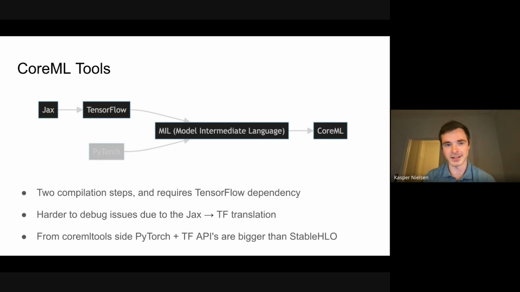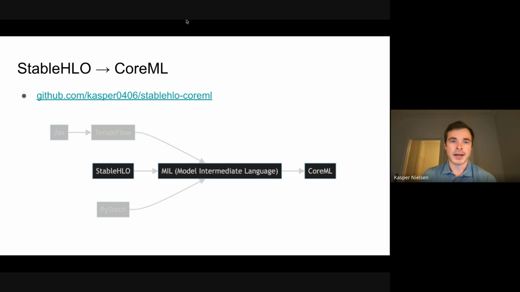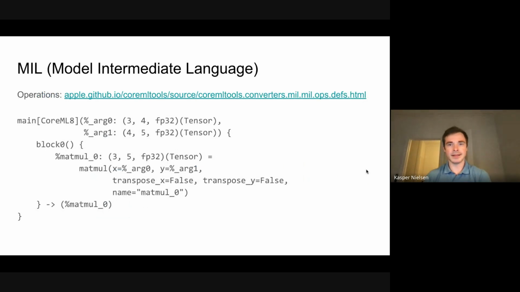So if you go to the next slide again, what I tried in this project was to make a front end to this CoreML tools repository framework, such that it can operate directly on a StableHLO module.